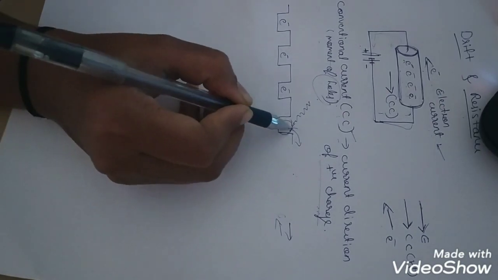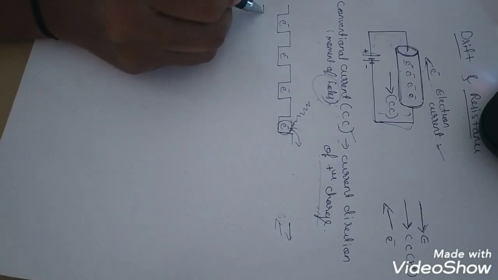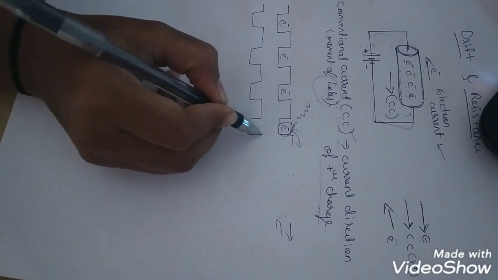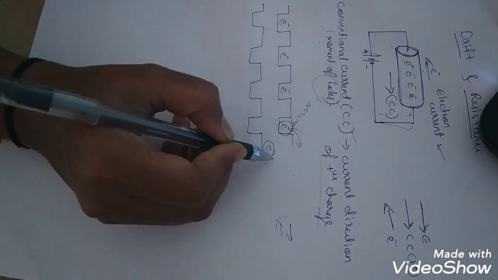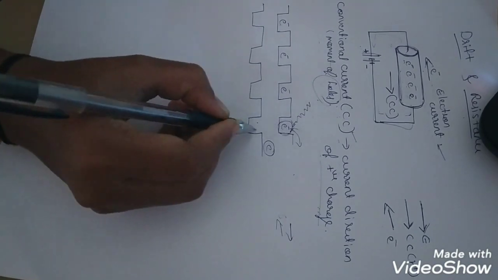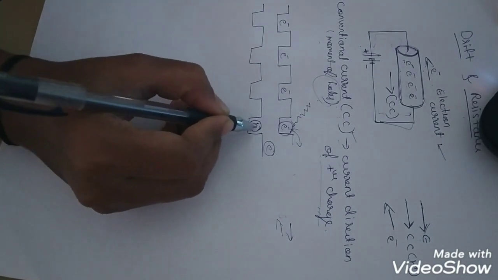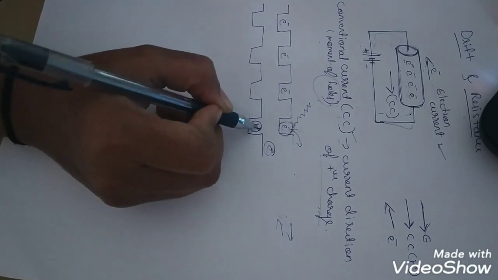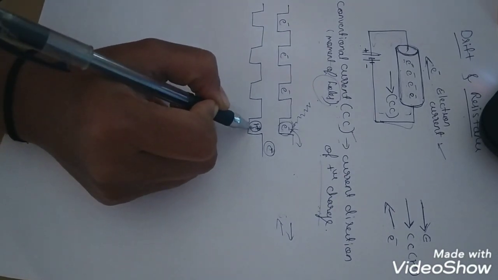Now here there is no electron. In the next place, it is the same thing. So here the electron is freely available for current conduction. Now there is no electron. That place is nothing but our hole. This is our hole which is positively charged. If the electron is negatively charged, the vacant place we call positively charged.